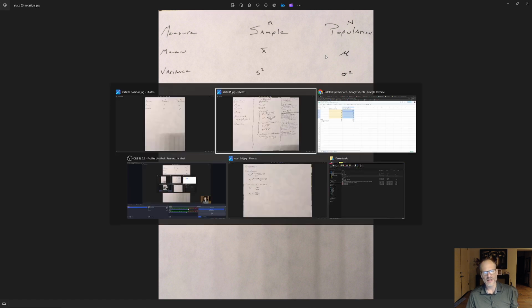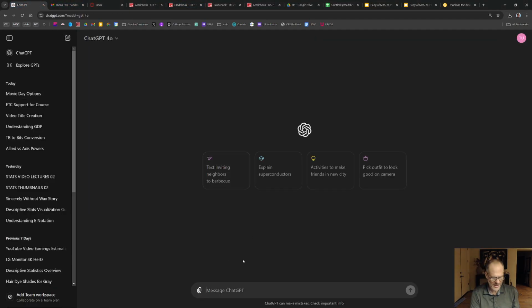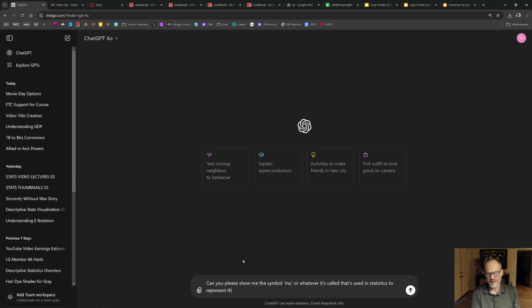And so if you wanted to see what that looks like, we could go over to ChatGPT and do a new chat and say, can you please show me the symbol mu, or whatever it's called, that's used in statistics to represent the mean for a population.